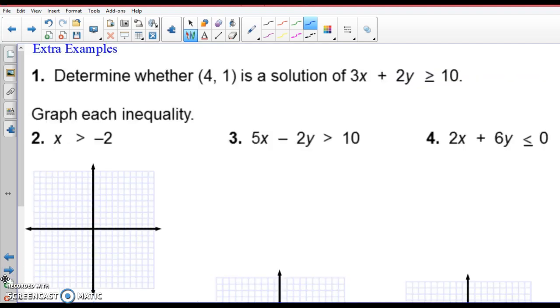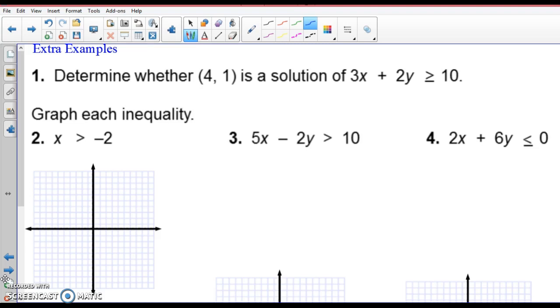Now, let's look. Determine whether 4, 1 is a solution. How do I always, no matter what kind of problem we are doing, if I say to you, is this a solution? What do you do? Plug it in.